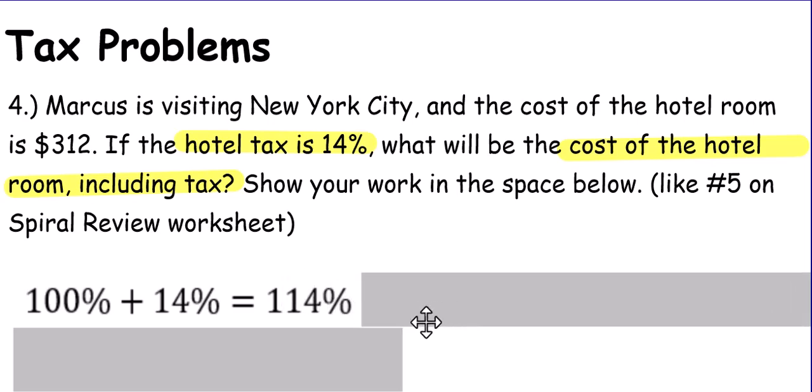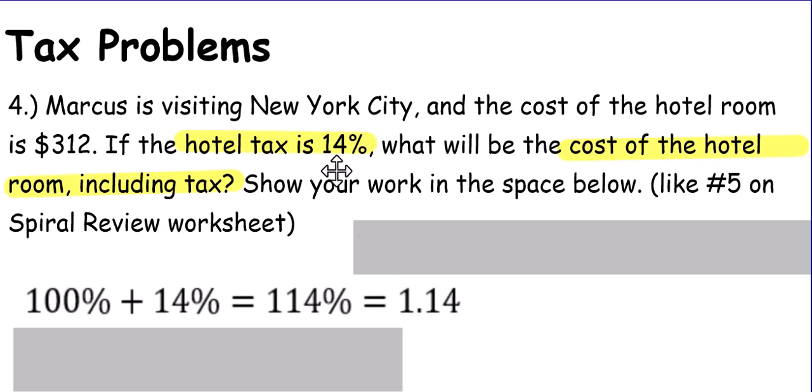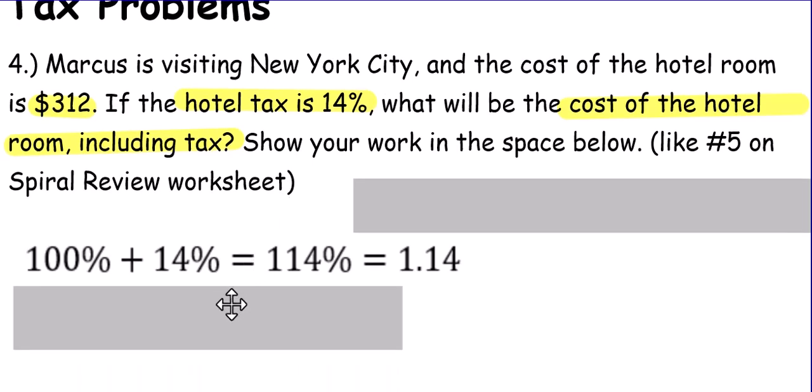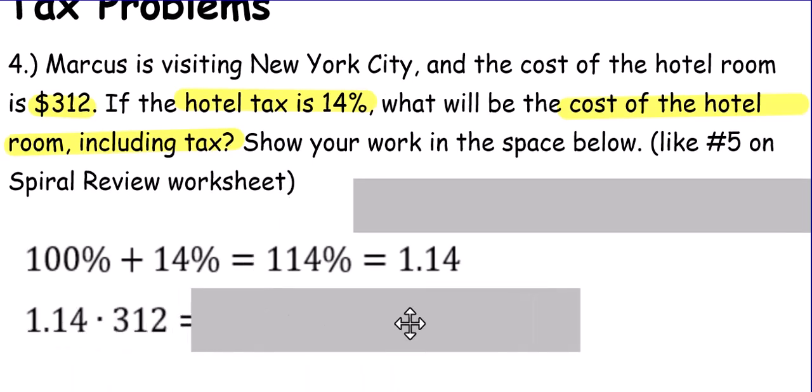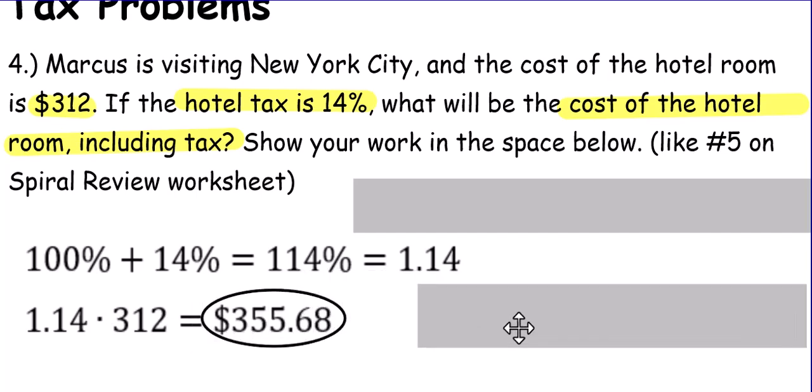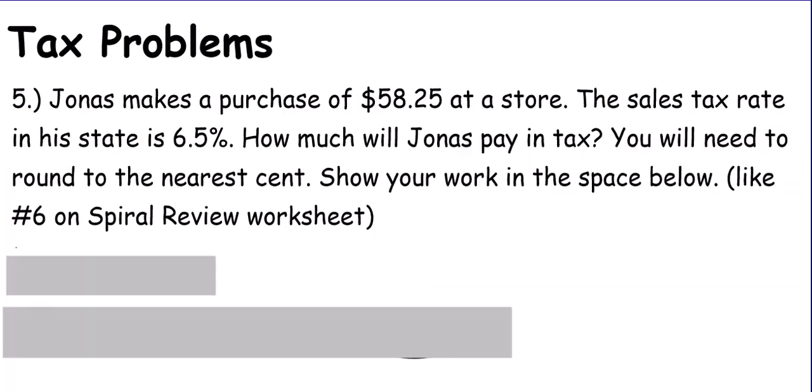As a decimal, that will be 1.14. Now we are going to take that 1.14 and multiply it by the cost of the hotel room, which is $312. When we take 1.14 times 312, we will get $355.68.